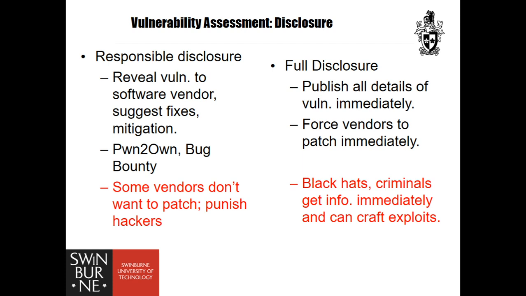For disclosure, basically there are two types of disclosure here. The first one is responsible disclosure. It reveals vulnerabilities to the software vendor, suggests fixes or mitigation, bound to a bug bounty. Some vendors don't want to patch or punish the hacker. Okay, for full disclosure, we publish all details of the vulnerability immediately.